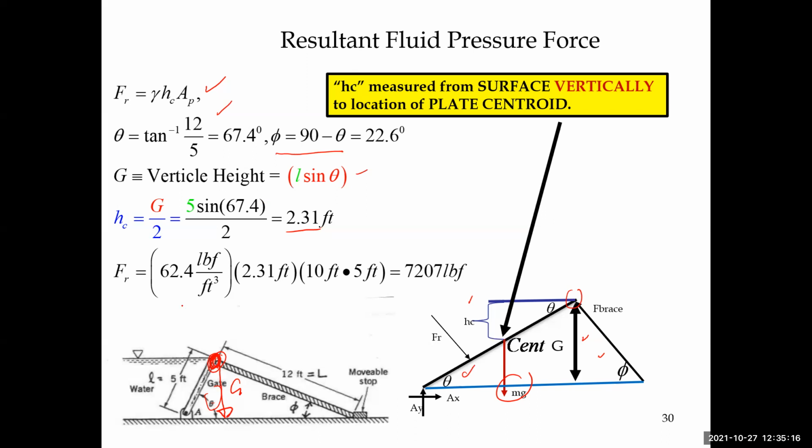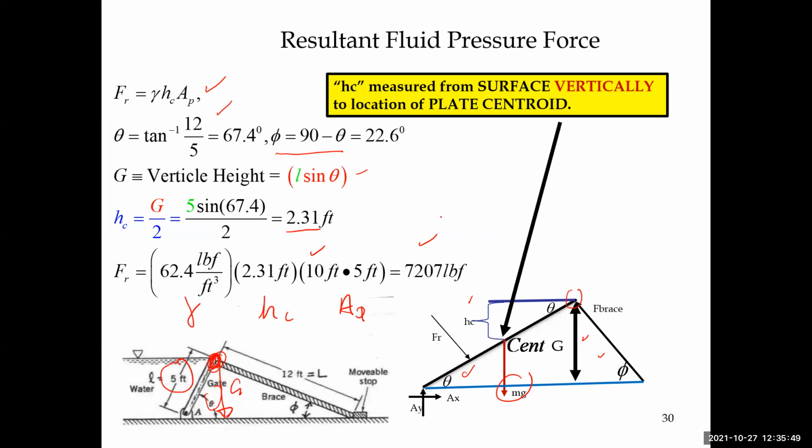F sub r is gamma times H of C times the area of the plate, which is 10, the depth into the board, times 5, the length of the plate, 5 feet, which is equal to 7,207 pounds force. So the engineering part is easy, in terms of having a single equation to find the value of F sub r.